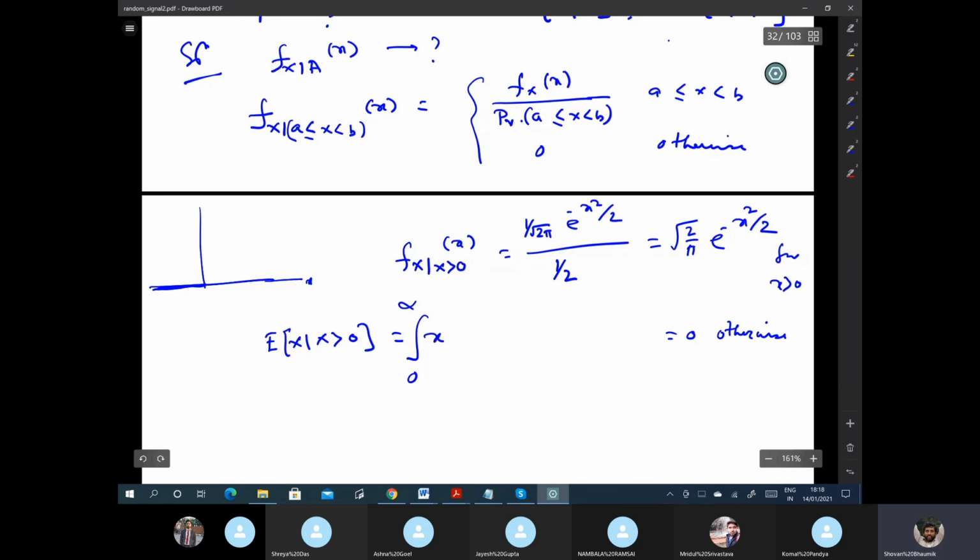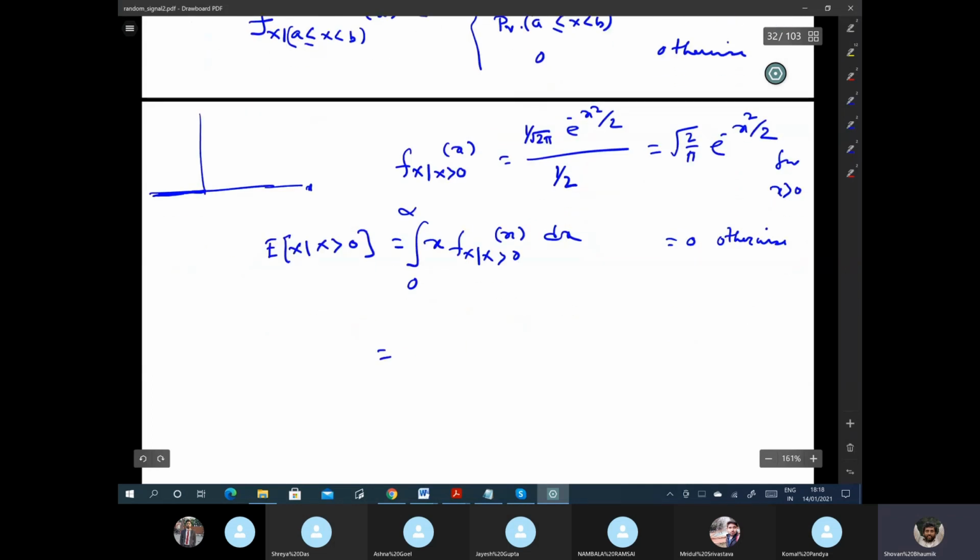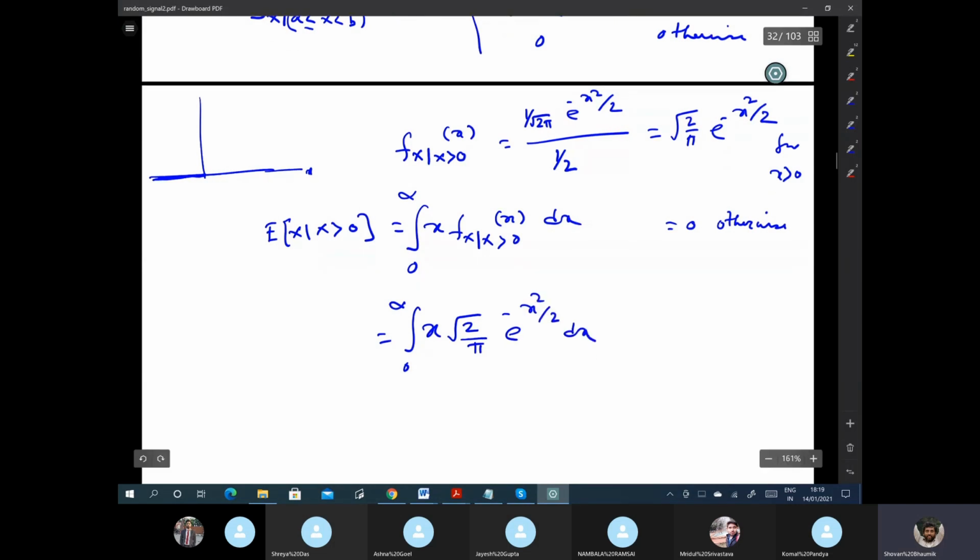We need to write x and then f of x given x greater than 0, small x dx. That means it will be 0 to infinity x root 2 by pi e to the power minus x square by 2 dx.